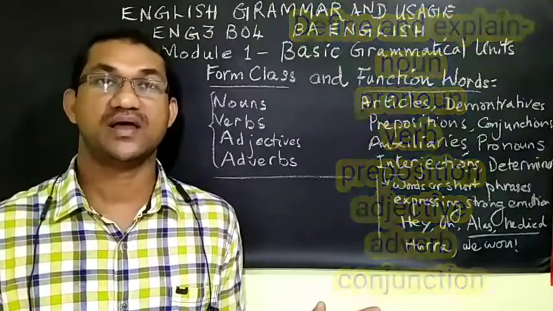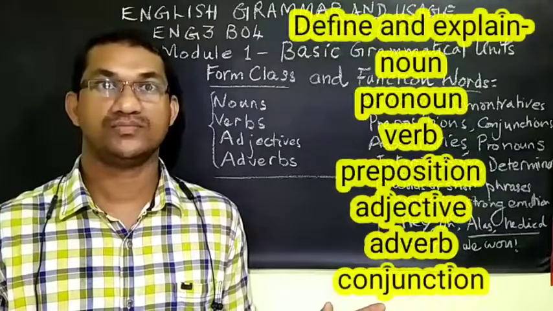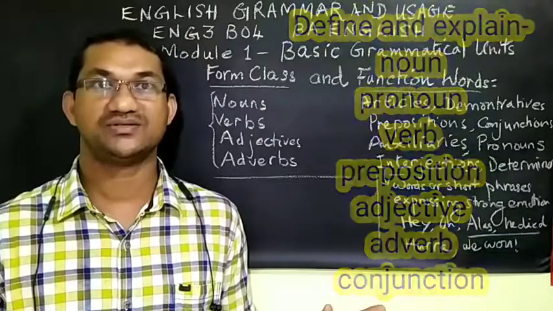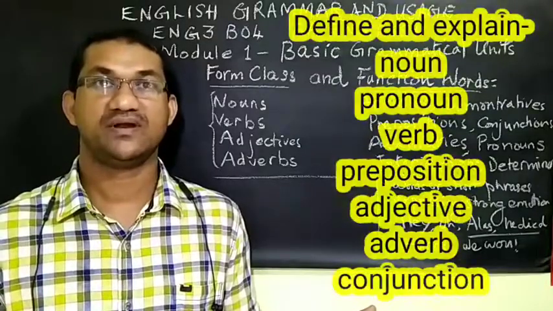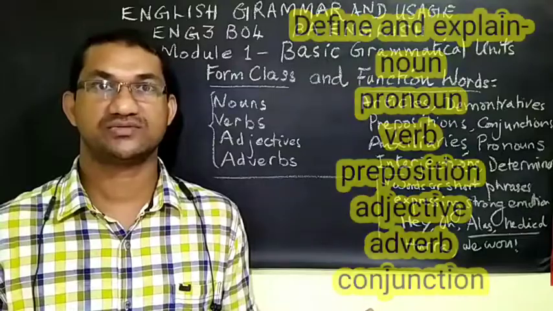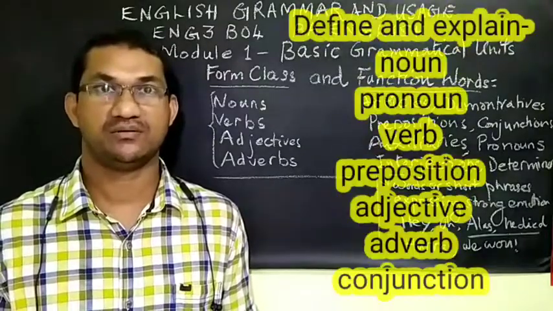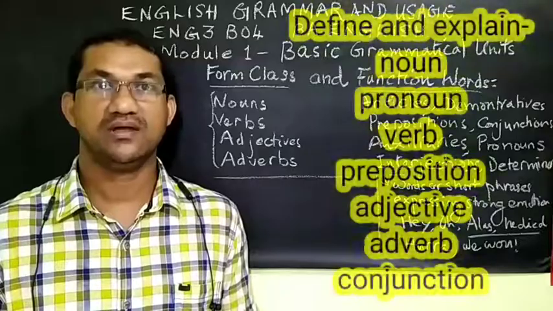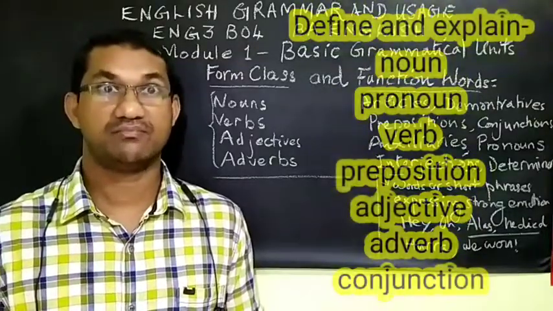Prepositions are words like in, on, of, from, small words that help us indicate different aspects of objects. Say, for example, the book is on the table, the pen is in the box.